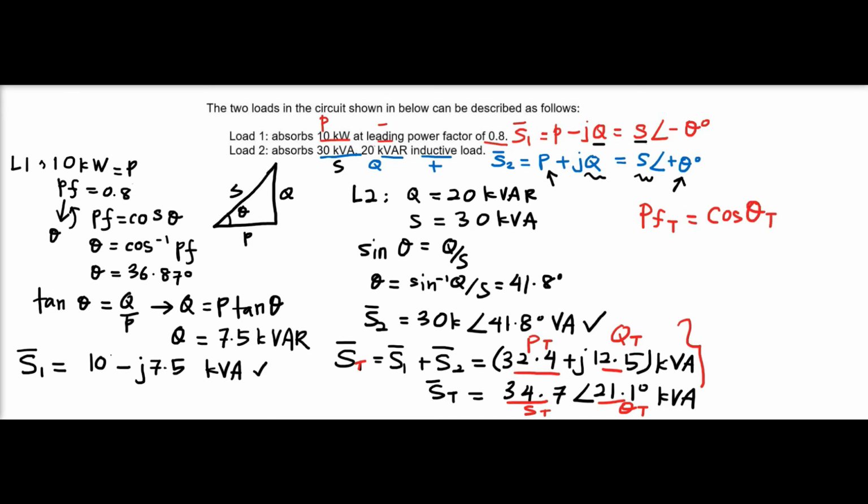Theta total is 21.1, so cos 21.1 gives a total power factor of 0.933 lagging. Why lagging? Because this angle is positive, and this is also positive. So this is the total power factor.